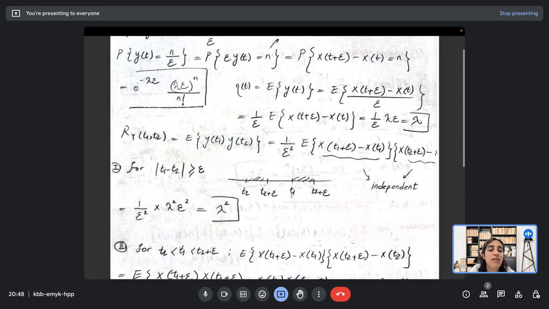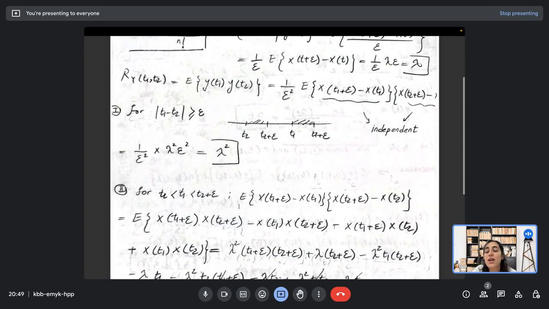And because they don't have any overlaps, we know that the Poisson processes are independent, and the terms in the expectation come out of it. So the expectation of the first part is lambda, and the second part is lambda, so it is lambda to the power of 2.